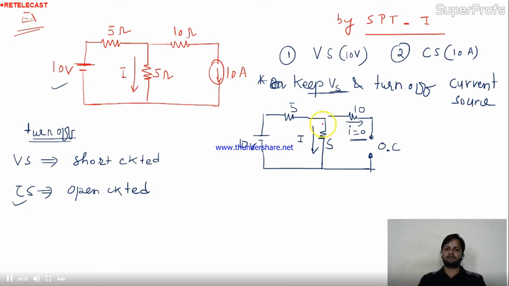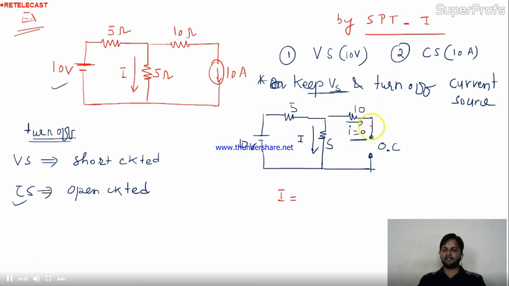Now come here. Can I get the value of this I? Yes. By KCL or Ohm's law, KVL, whatever you want, simply I'll apply. The 5 and 5 are connected in series. This branch is open, so there is no branch. So that's why 5 and 5 are in series. Is it okay to you people?